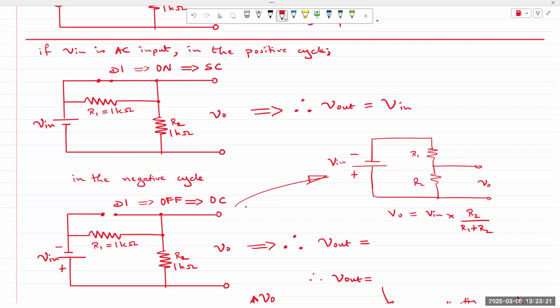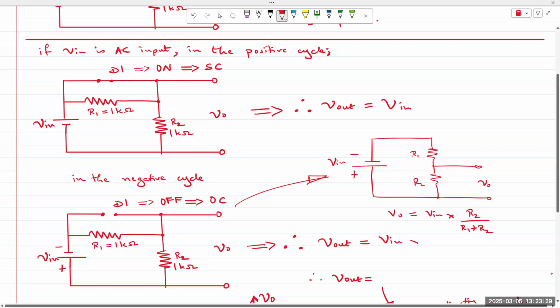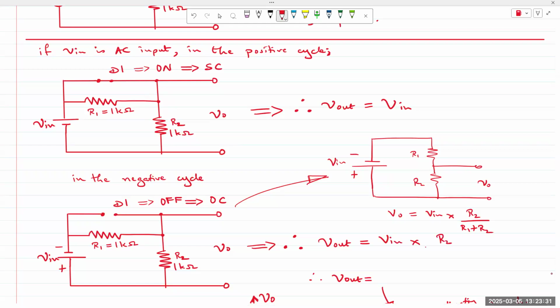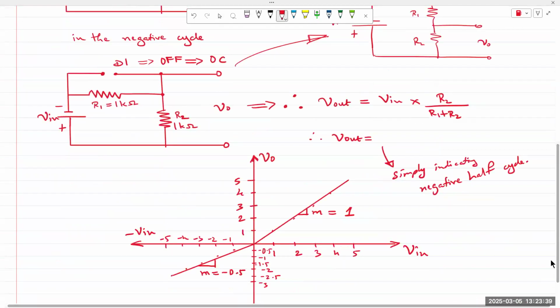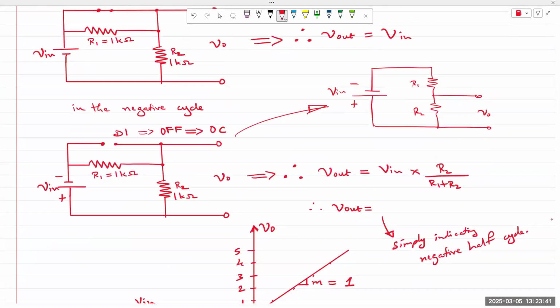And in this case, R1 and R2 are exactly the same. So V out, let me write it here, is V in times R2 over R1 plus R2. And because R1 and R2 are the same, it becomes half of V in.